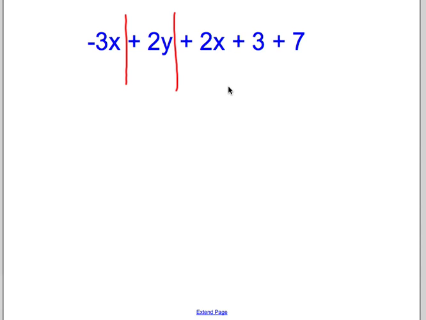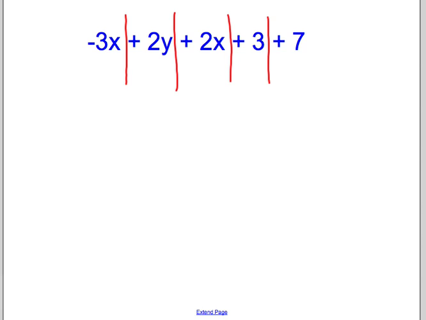Then we have the plus 2x, plus 3, and the plus 7. Those are each terms. Between 3 and x, that's an implied multiplication. Implied multiplication, implied multiplication, and then we just have constants.